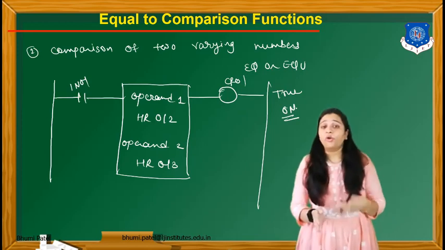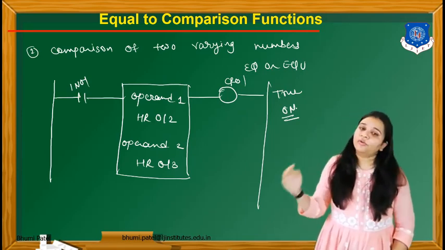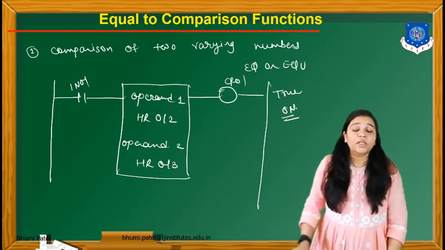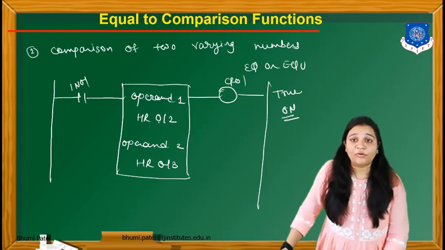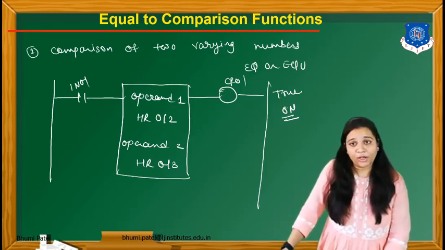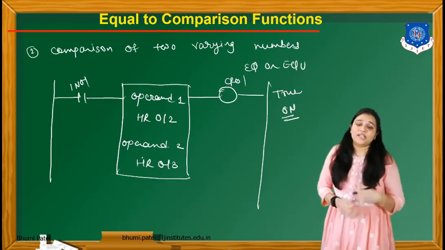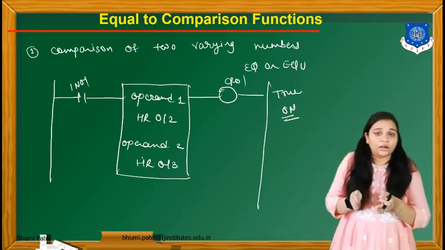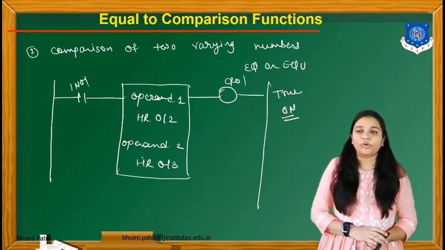So if we don't know the two operand numbers, then we have to write this type of program. If we know one value, then we write the value for operand 1 or operand number 2. Okay, that is your choice, whether to write a varying or a fixed value for this particular operand.